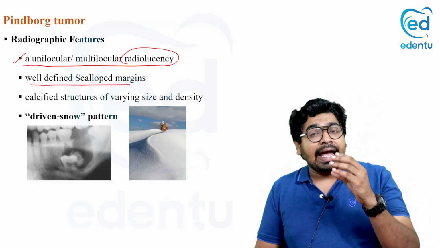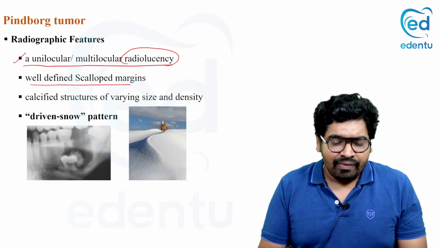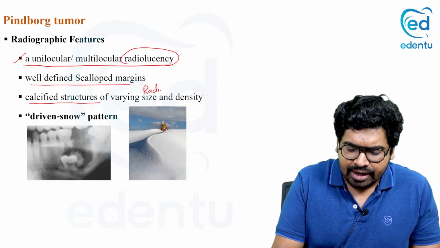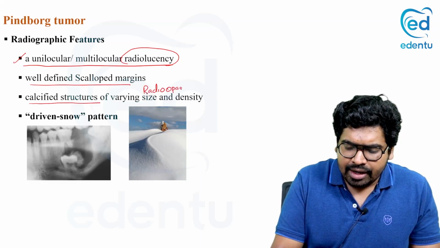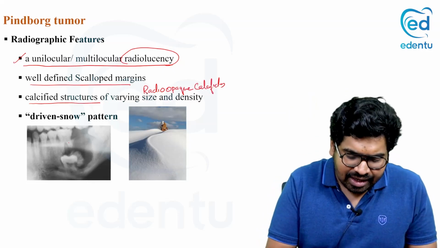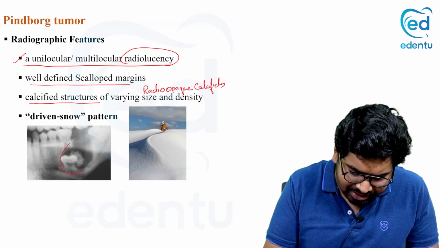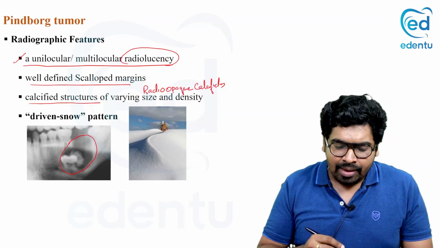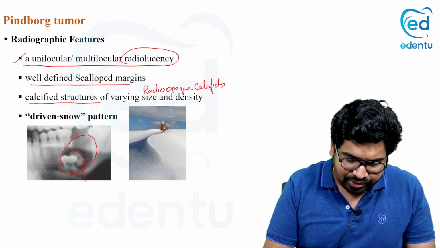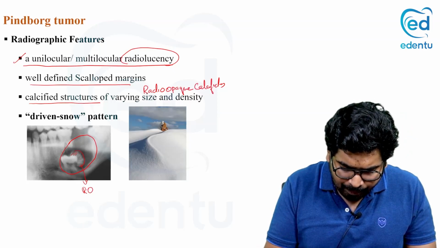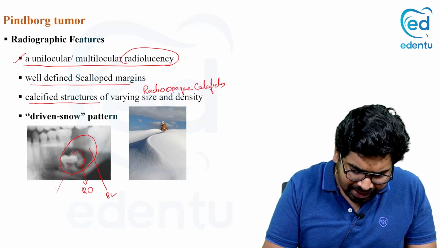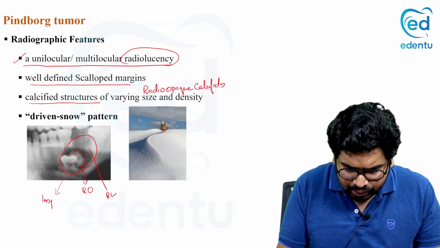But due to the calcifications inside, various radio opaque calcifications are seen. Here in this picture, you can see a well defined radiolucency, but associated with this tooth you can see some opacities also. That is radio opacity, and here you can see radiolucency, and mostly it is related to an impacted tooth.